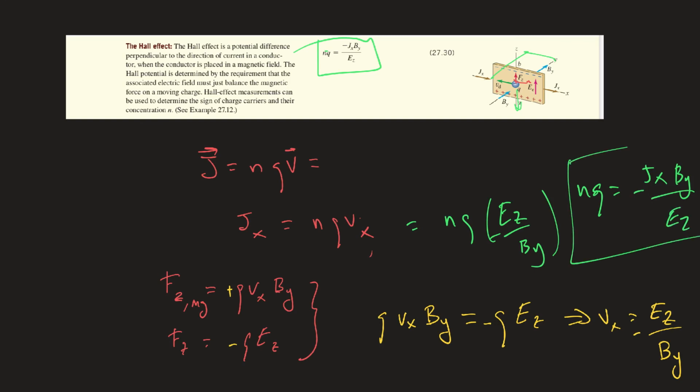And this is the quantity that in some problems they ask you for: the number of charges per unit of volume times the individual charge, the total charge per unit of volume, the density of charge. This is the density of charge per unit of volume, nq. That's all.